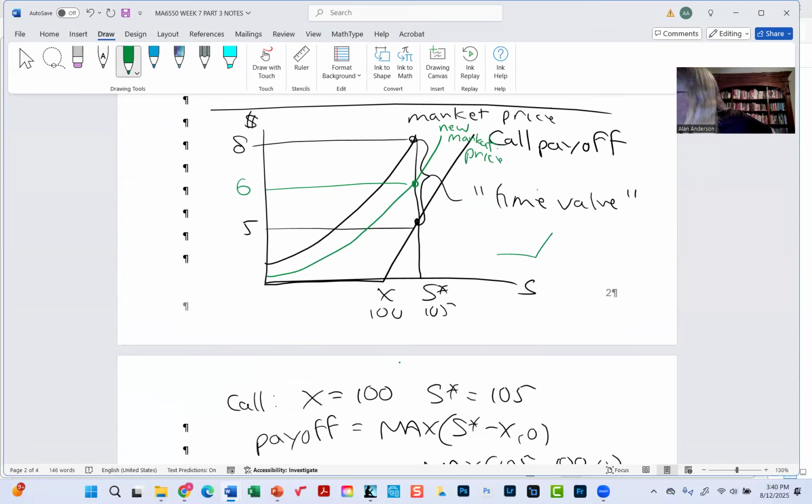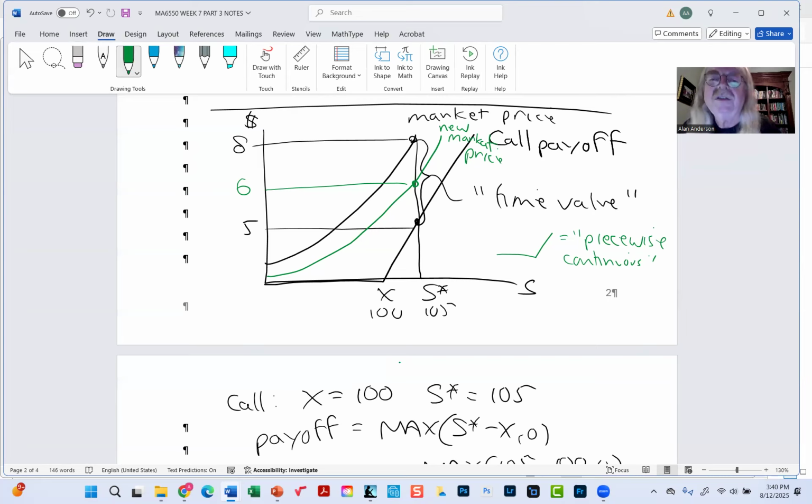Okay, so this curve, this payoff profile, is sometimes said to be piecewise continuous. There are two distinct regions, both of which have a distinct slope. And you can see that with this sharp kink here, if we were trying to take the derivative of this function, it would be undefined at that kink.